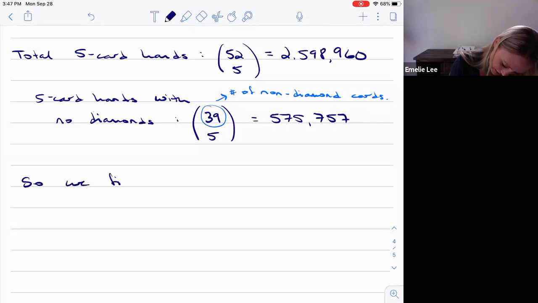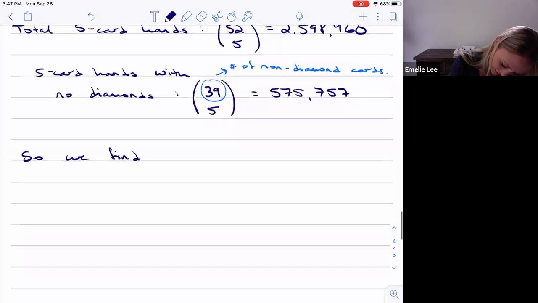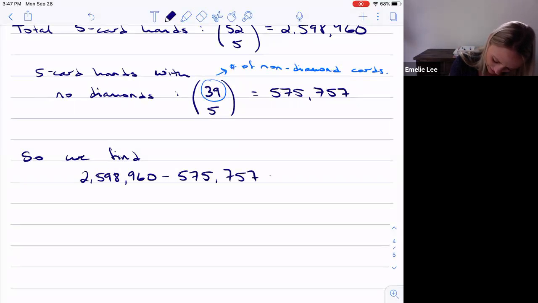So we find 2,598,960 minus 575,757 is 2 million again, but just a little bit less. 2,023,203.